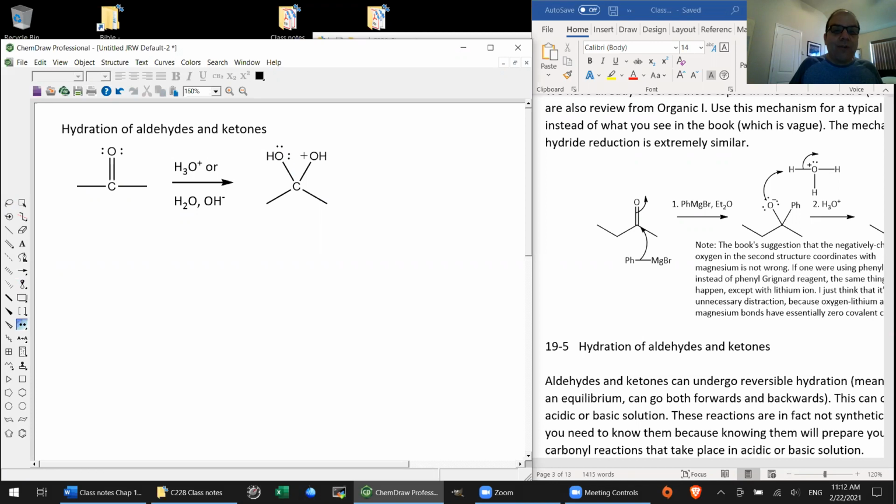And again, in general, this is not only something we're not so much trying to make, it's something we're trying to avoid making. But this will work in both acidic medium and alkaline medium. Either of those will work. Let's do an example in acidic medium to start with.